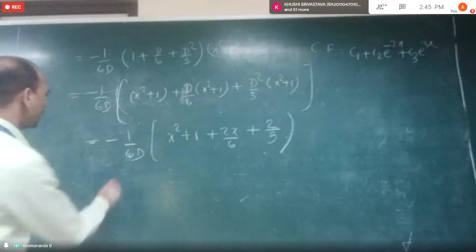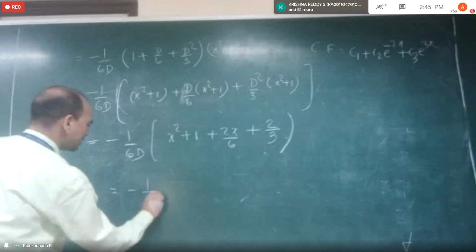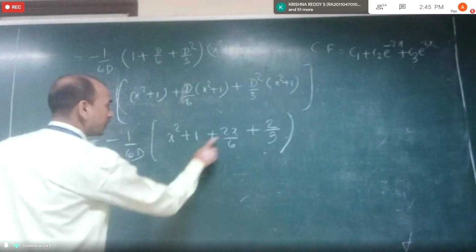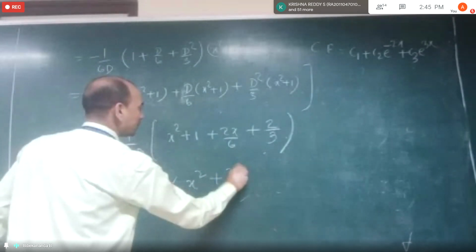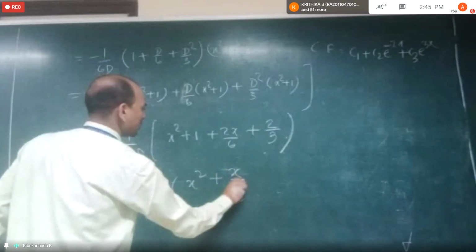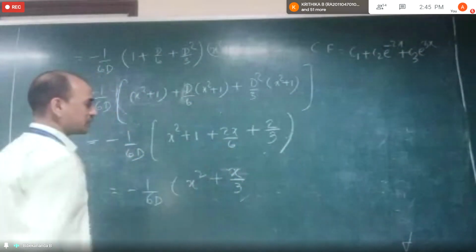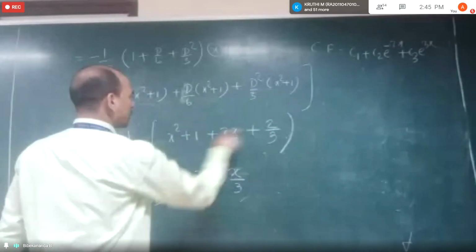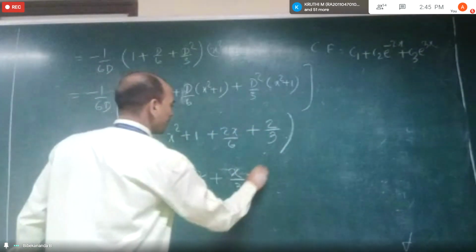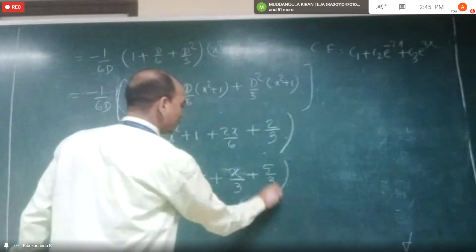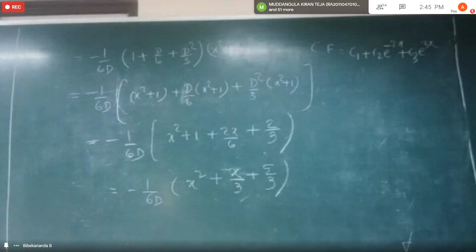So now minus 1 by 6D into x square, then 2x by 6 is x by 3, and 2 by 3 plus 1 is 5 by 3. Can we write this as the final?